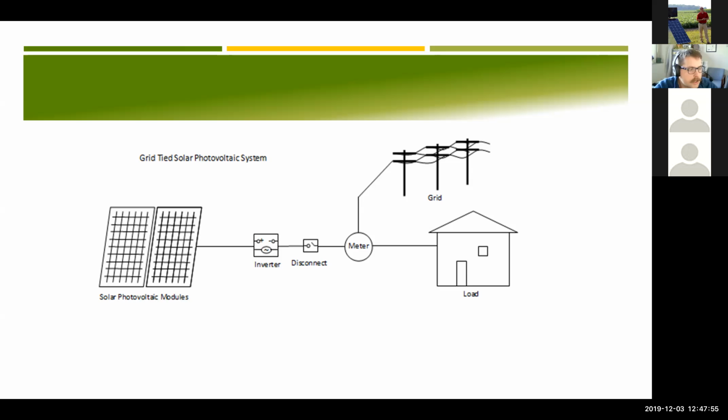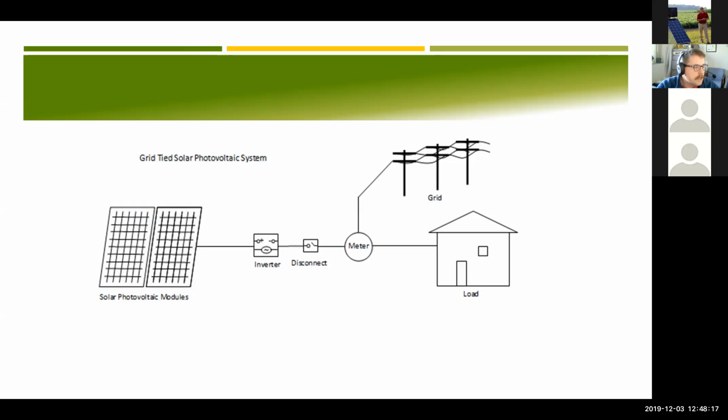We're interested in systems that are what we would call distributed generation systems or behind the meter systems. These would be systems that are connected to a home, a farm, a business. Obviously, we're thinking about farms a lot in our studies, but it could be a home, a farm, or a business.